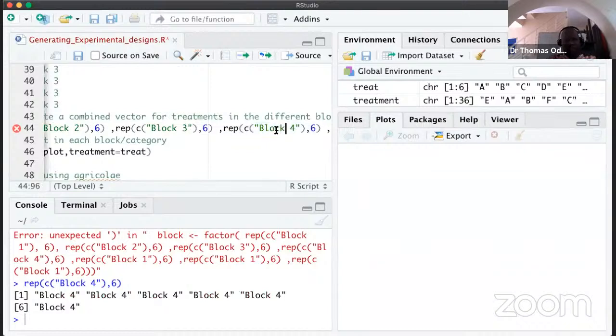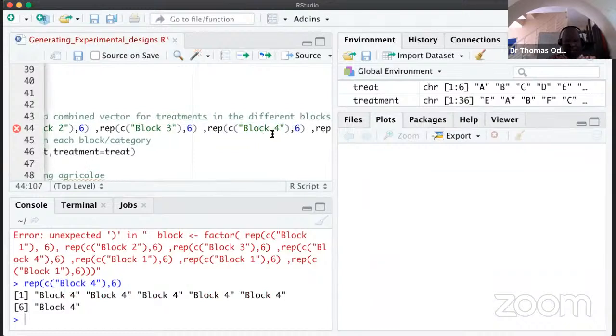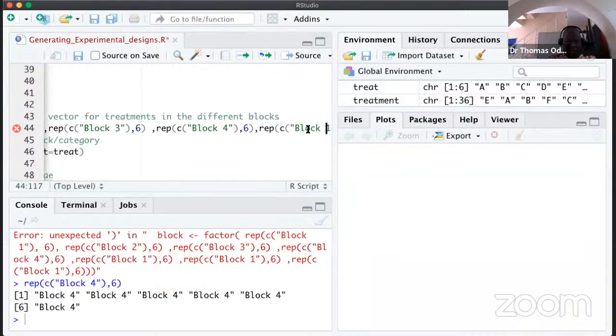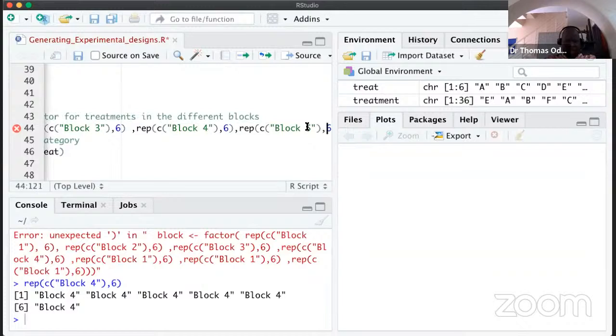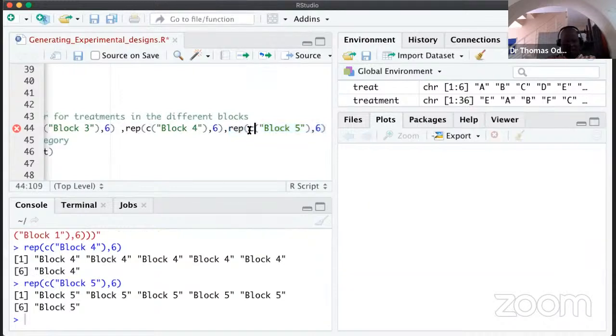Then we have 5, 5, 5. And then we can have 6, 6, 6.